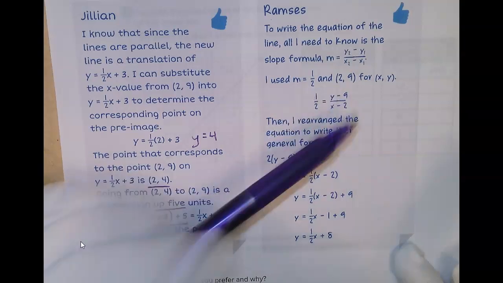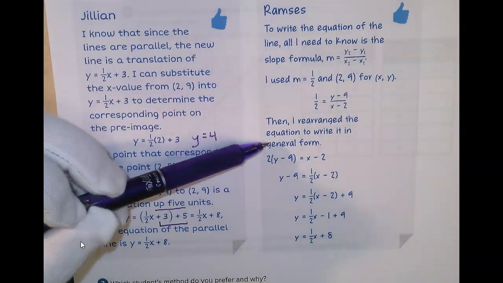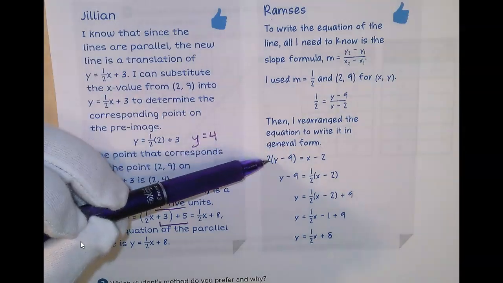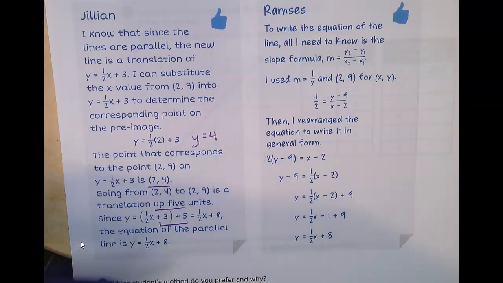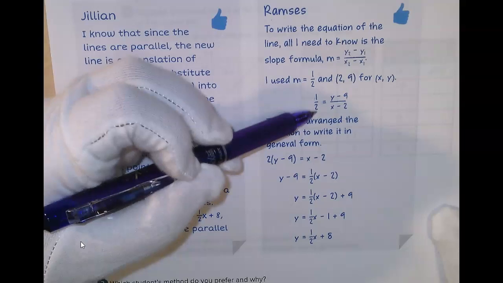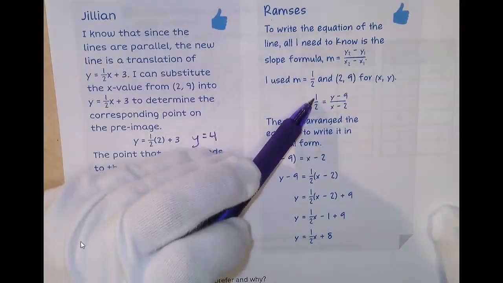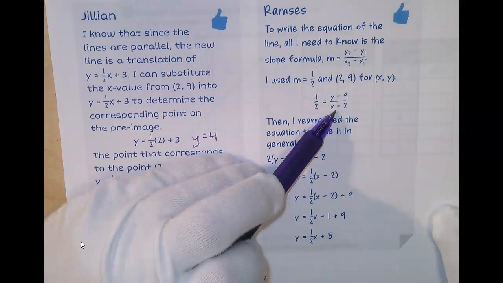Okay? And then he rearranges the equation to write it in general form. So he takes 2 times this and 1 times this.